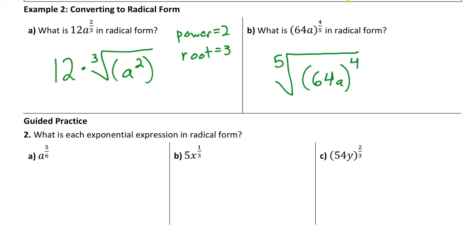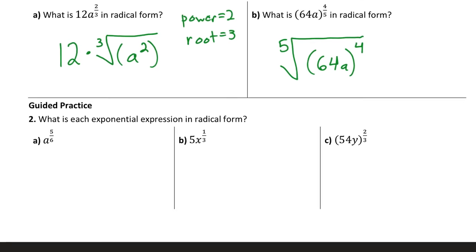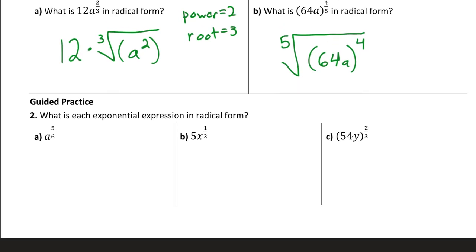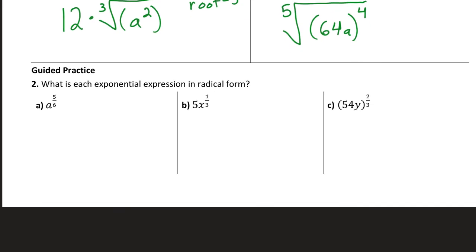So in the guided practice, again, just work through them best you can, and then when you're ready to go through the answers, I'll explain them. But it's just getting comfortable working between roots or radicals, radical form, and exponential form, or rational exponential form. So rewrite these, pause the video, and work through them. When you're ready, I'll explain the answers.